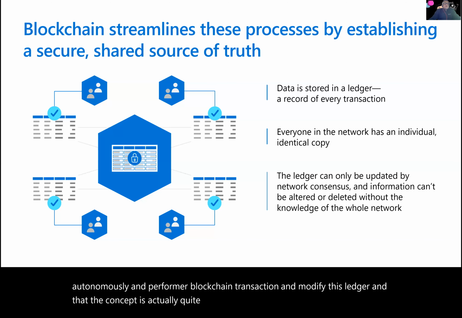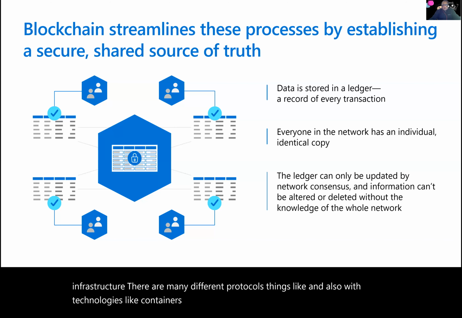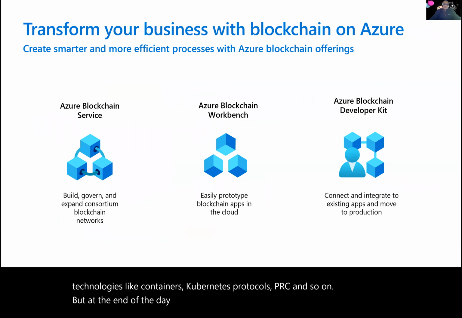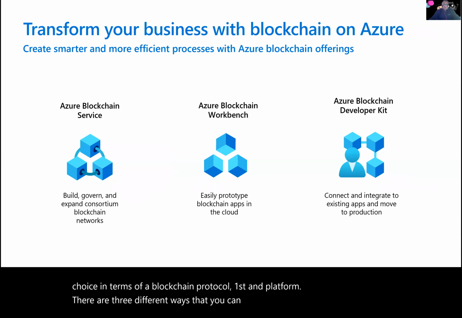With that, the concept is actually quite simple. For the underlying technologies and infrastructure, there are many different protocols and technologies like containers, Kubernetes, protocols like gRPC, and so on. But at the end of the day, the abstraction that we can use depends on your choice of a blockchain protocol first and platform. And there are three different ways that you can approach your blockchain solution.